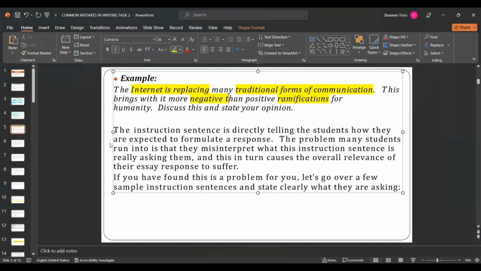Okay? Why? Sabi niya kasi, the internet is replacing many traditional forms of communication. This brings with it more negative than positive ramifications for humanity. Okay. So an example is that you have to state first if you agree or disagree.